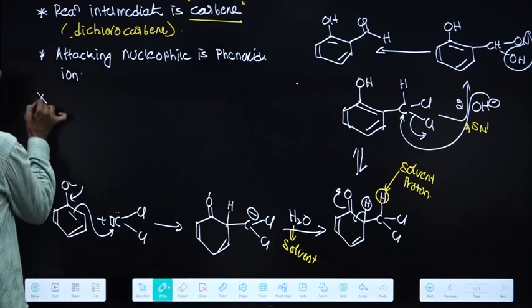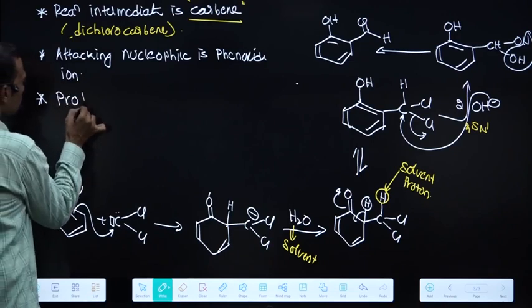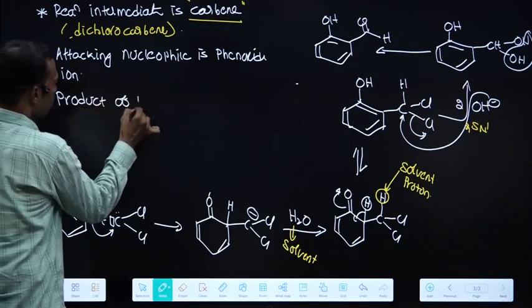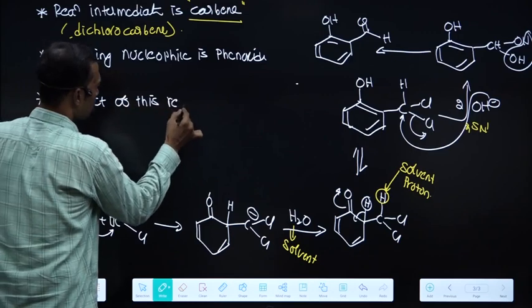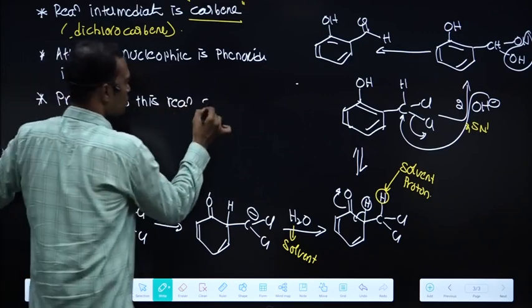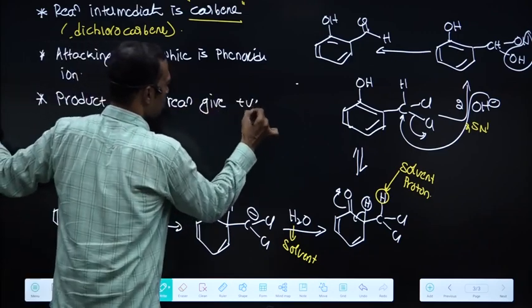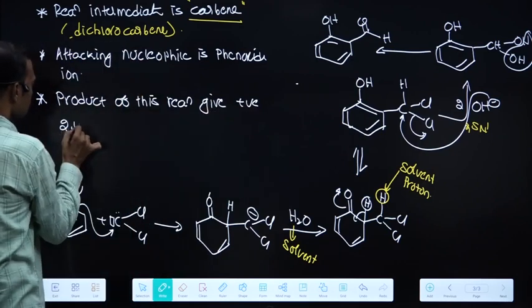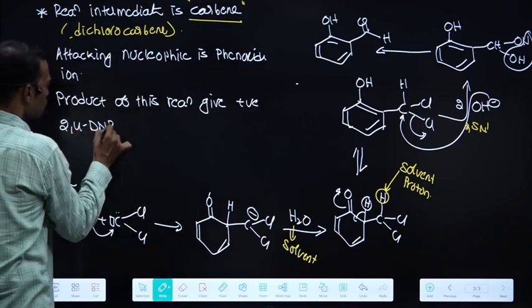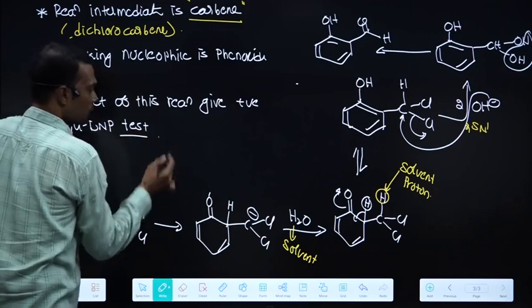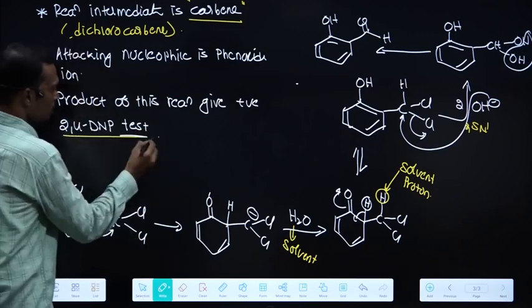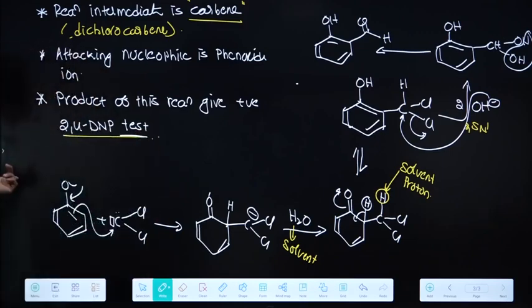Okay. See, the product of this reaction gives a positive 2,4-DNP test. Remember, the DNP test is only for carbonyl compounds. Initially the reactant won't give the DNP test.